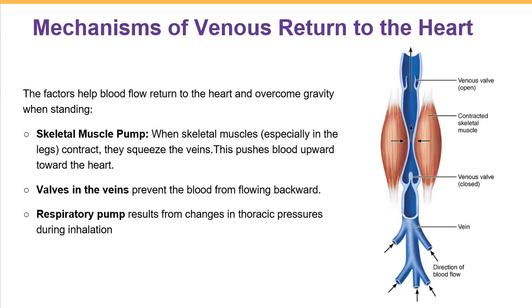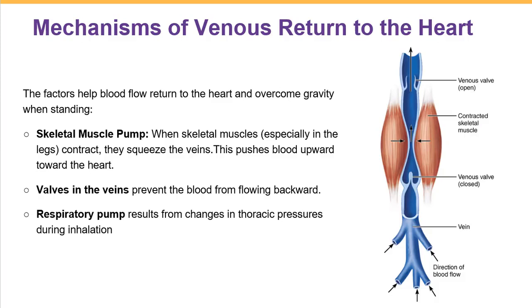Now let's take a look at the mechanism of venous return to the heart. As we mentioned, in the wall of the vein we do not have a thick tunica media, so they don't have that much smooth muscle to contract and push the blood out, right?